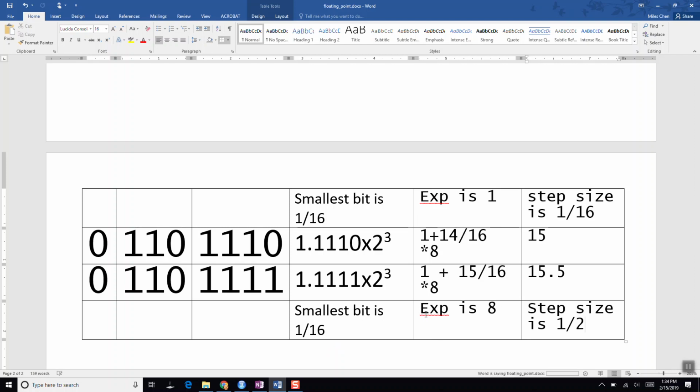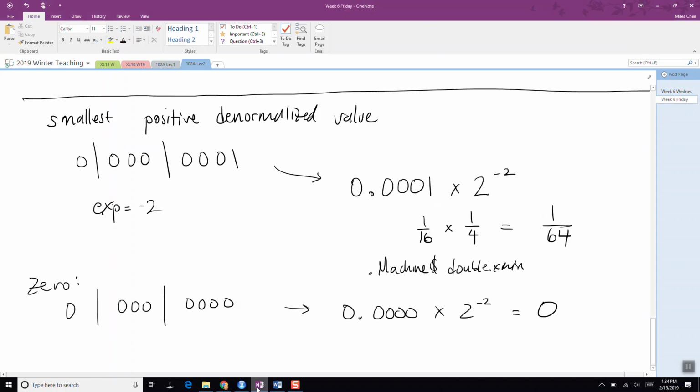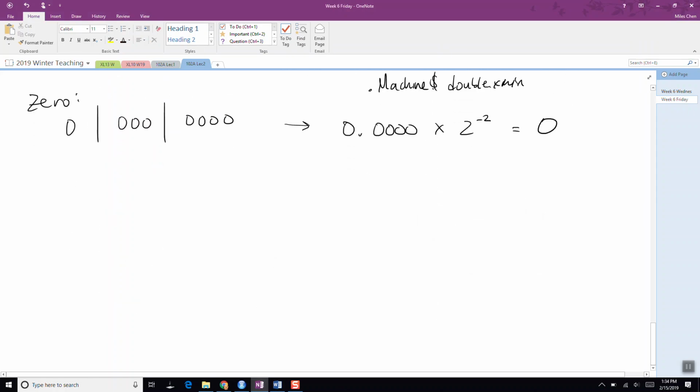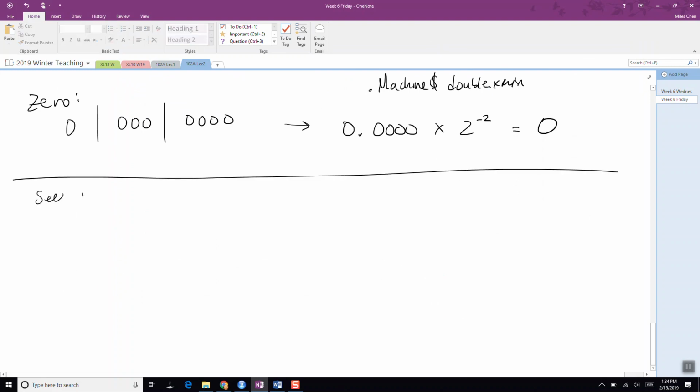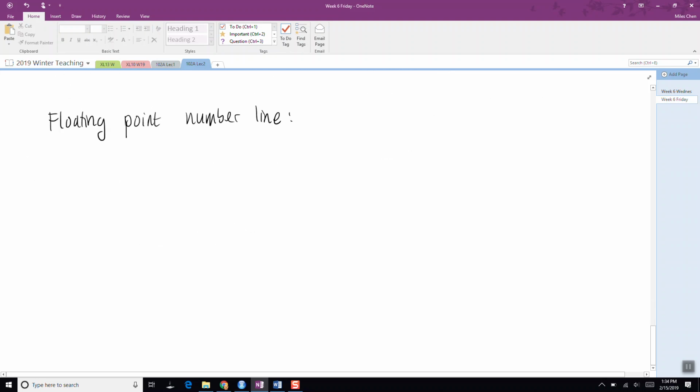So what we have is a floating point number line. I'm going to just write see worksheet for details. But basically, our floating point number line looks something like this, at least the positive, non-negative side.